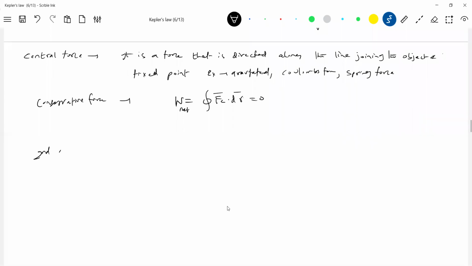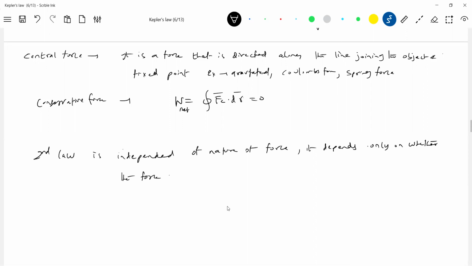Kepler's second law is independent of the nature of force, and it depends only on whether the force is central or not.